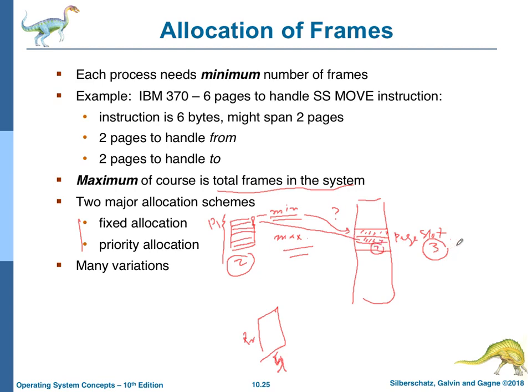Frame allocation is when you set some limit for minimum and maximum, right? Minimum is how many pages, how many instructions a process minimally needs for execution.